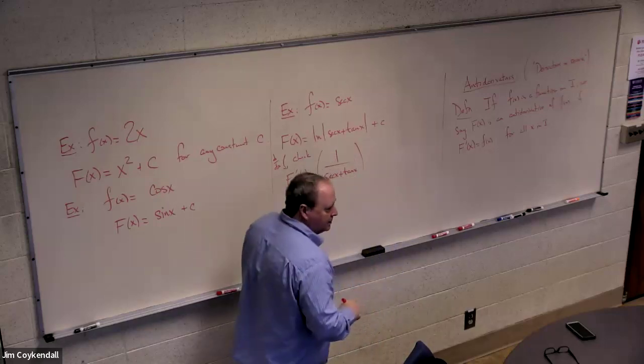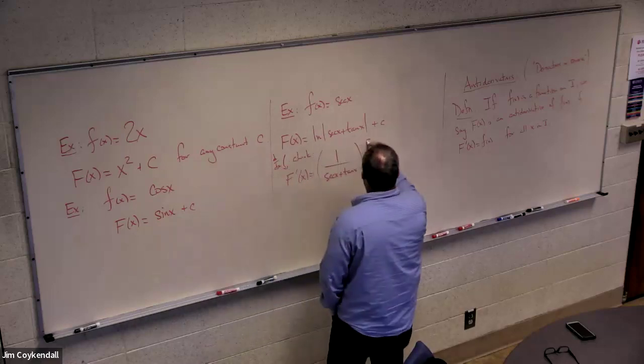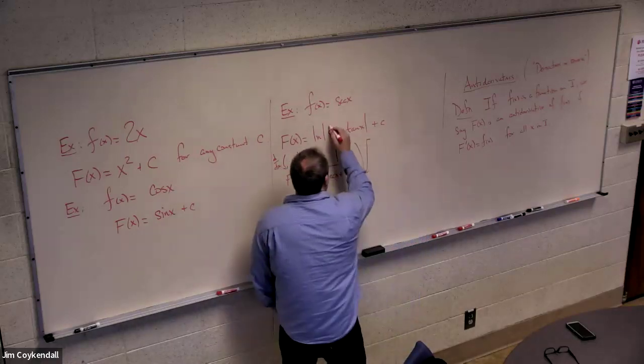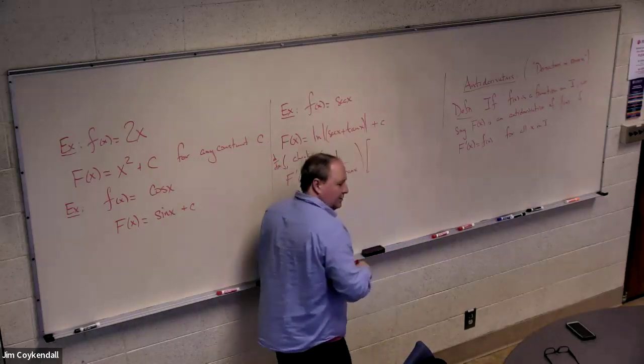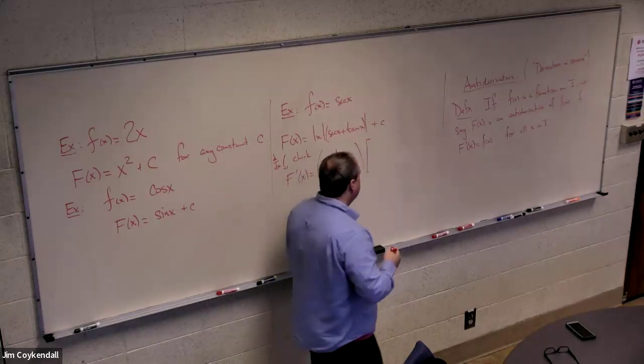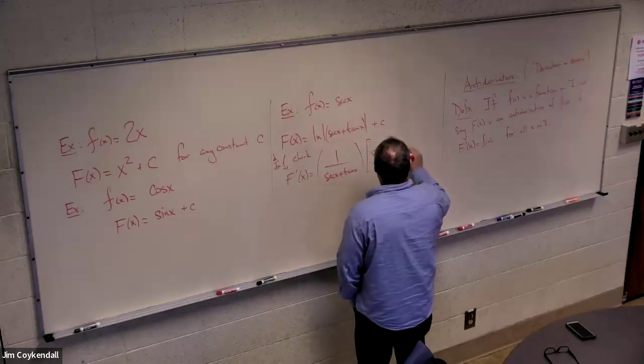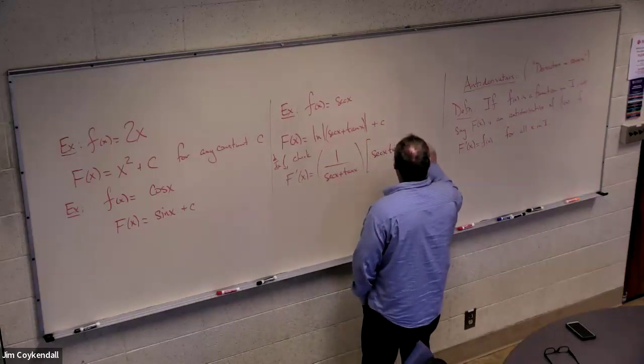Am I done? No, I have to multiply by the derivative of what I put inside there. And what I find inside is secant x plus tangent x. So remind me, what's the derivative of secant? You guys just told me what the derivative of tangent is, secant squared.